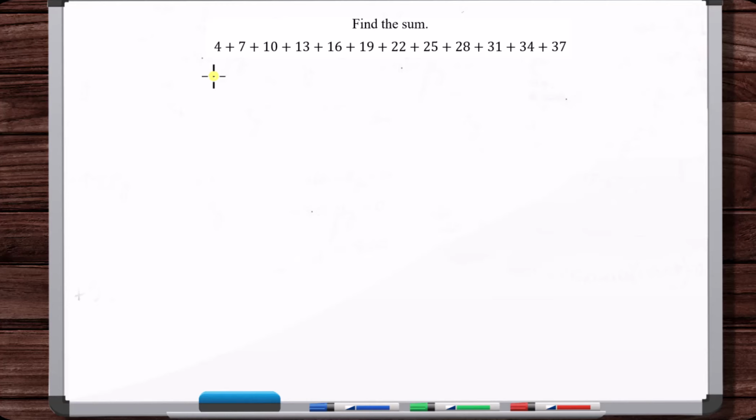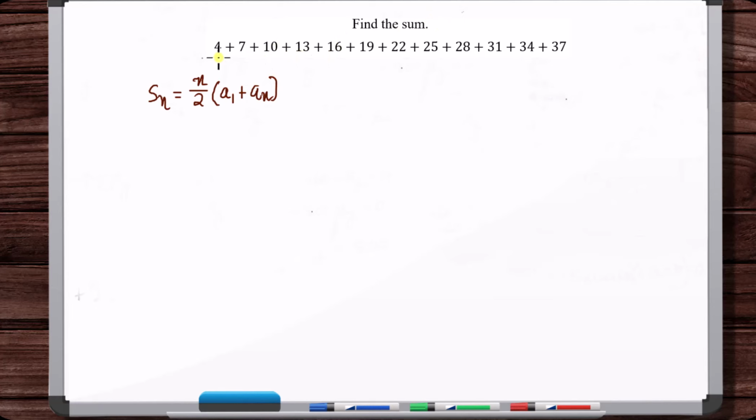We derived that in a previous video, but it's given by, the sum of the first n terms of an arithmetic sequence is n divided by 2, no, times a sub 1 plus a sub n.